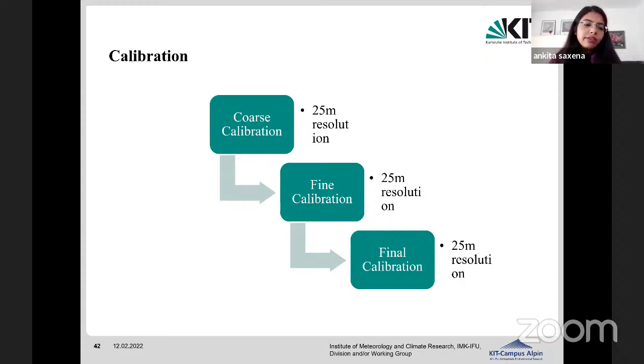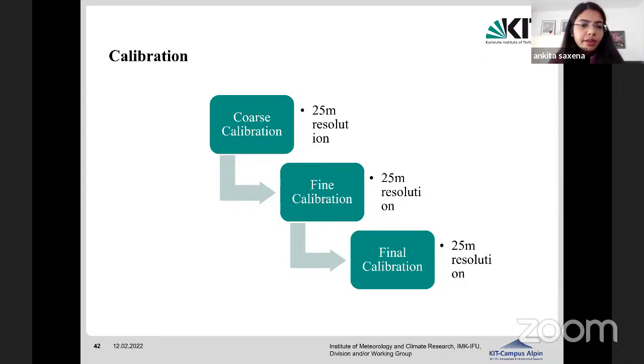And then we refine the values of those coefficients. Then those refined coefficient values are further used for fine calibration. Then we get some optimum values from that calibration phase. And then those refined values are further used for final calibration. So this is how calibration takes place.